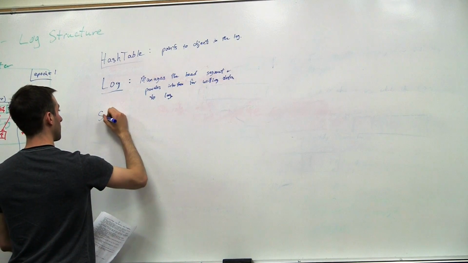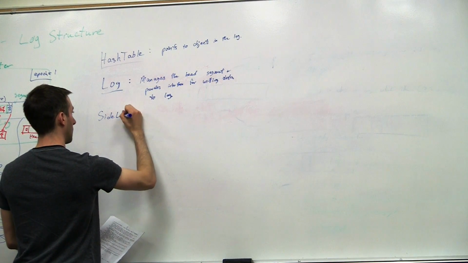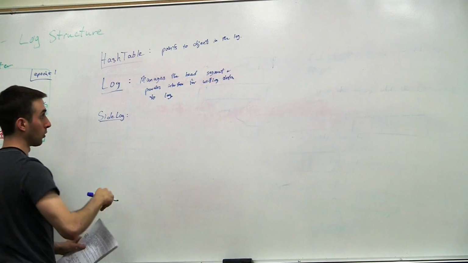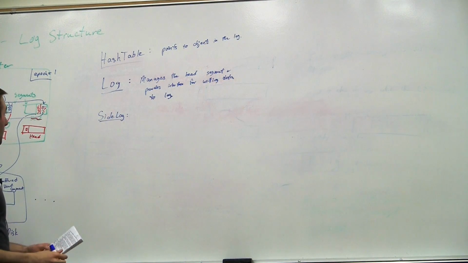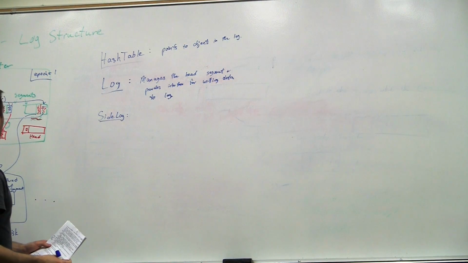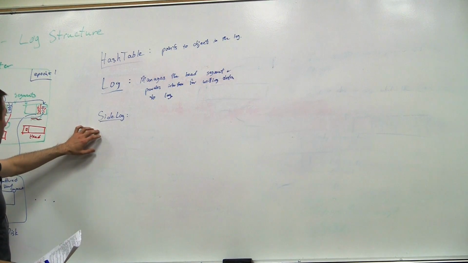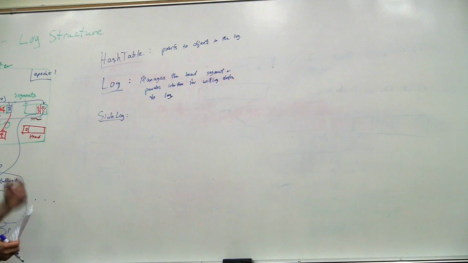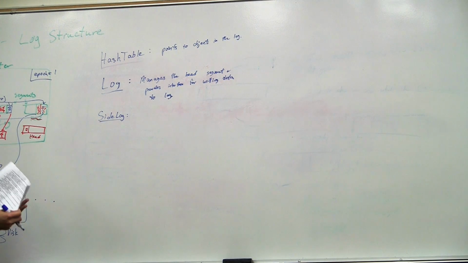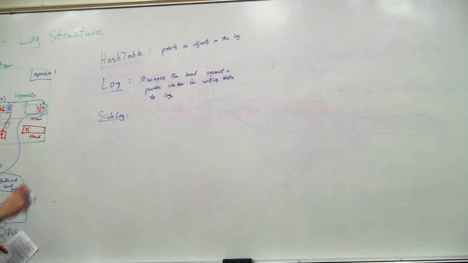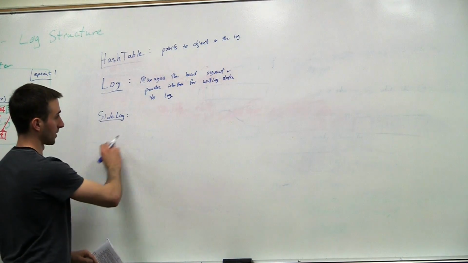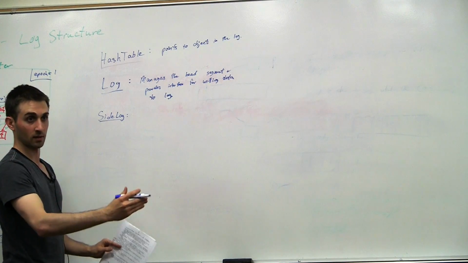As I mentioned, there's also this side log class, which basically allows you to append a whole bunch of data in bulk. Right now, we mostly use the side log for recovery, although we might use it for migration, because we want to take a whole bunch of data in from some failed master, cram it into the log as quickly as possible, and we only care about atomically writing everything.